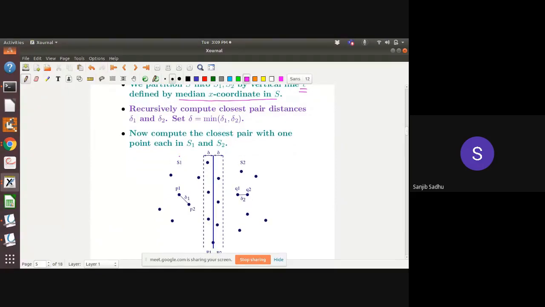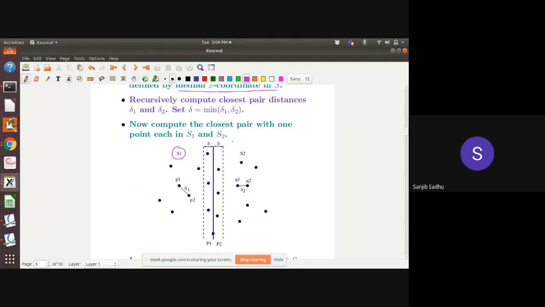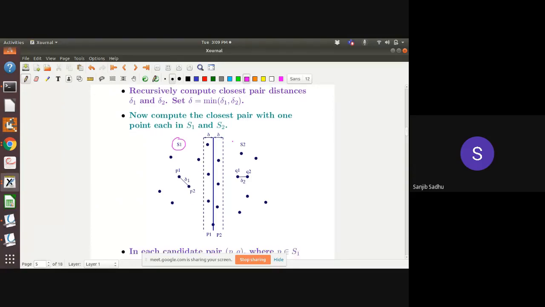S1 is the set of points that lie to the left of this line L, and S2 is the point set that lies on the right side. Now what we will do? We will compute recursively the closest pair of the two sides, delta 1 and delta 2. Let it be delta 1 here, and this is delta 2.